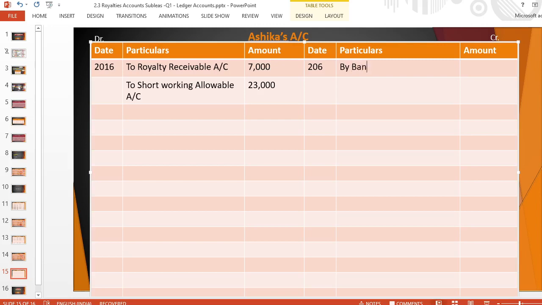So by bank account, bank account debits to Ashika's account. From Ashika, Asha received 30,000 rupees. Out of this 30,000 rupees, 23,000 rupees represents short working and actual royalty was 7,000.